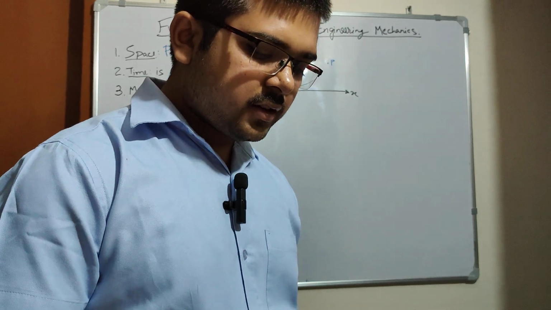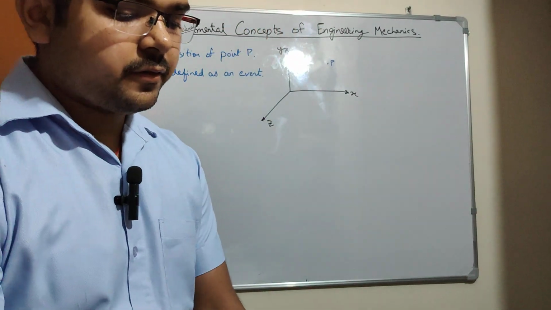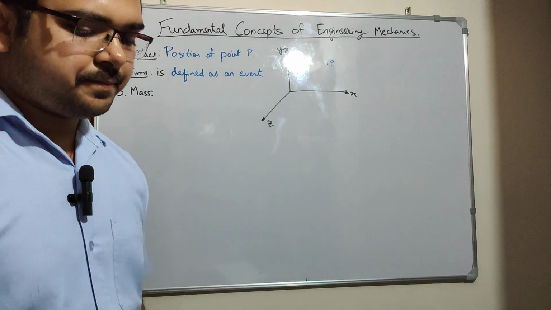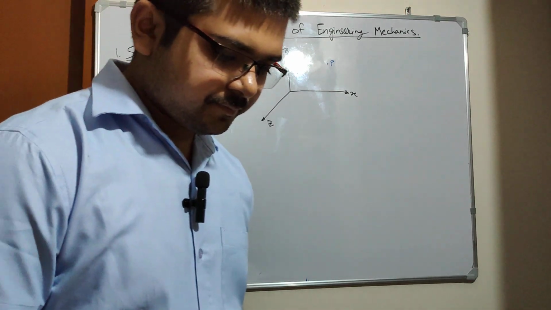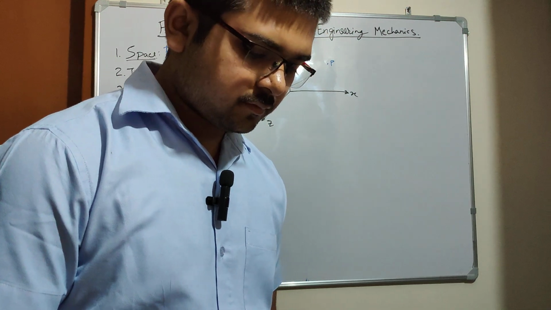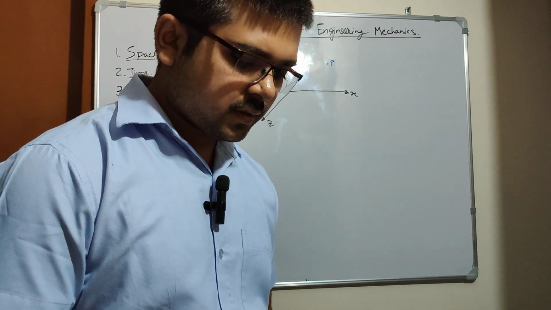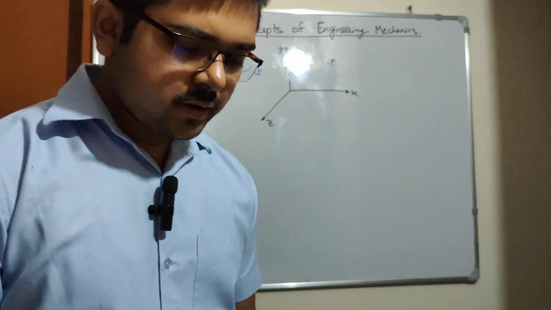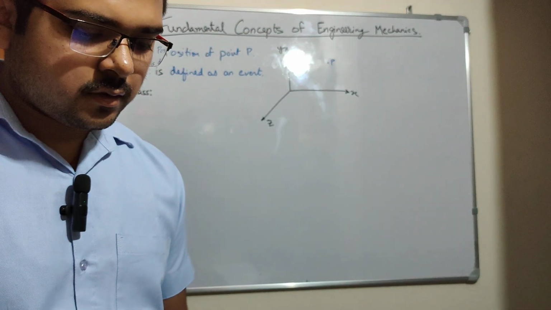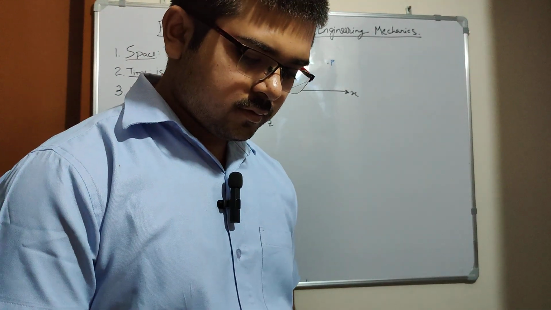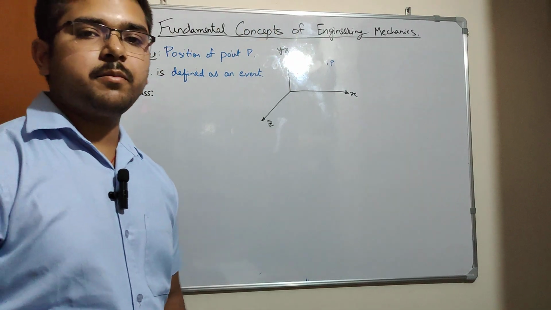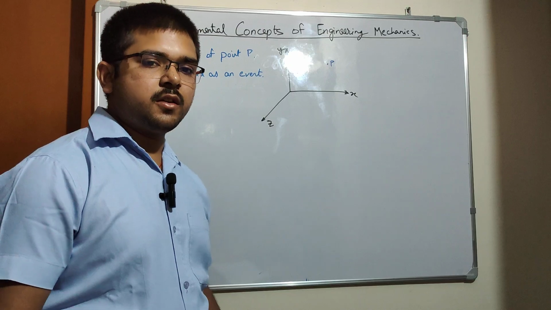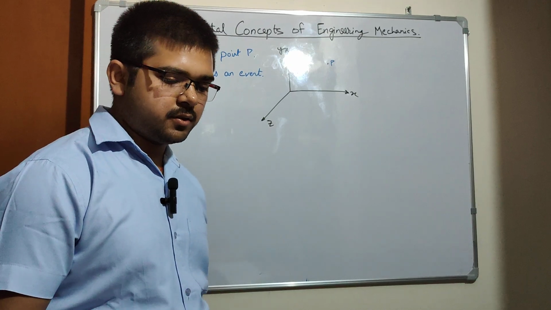So mass is a characteristic property of a substance. Two bodies of the same mass will be attracted in the same way by Earth.